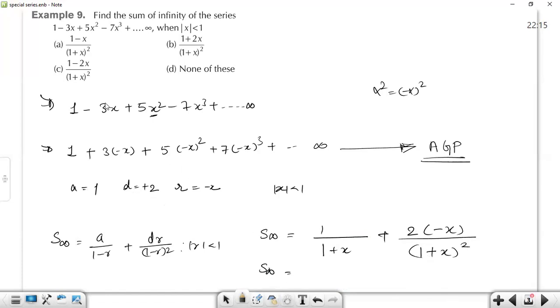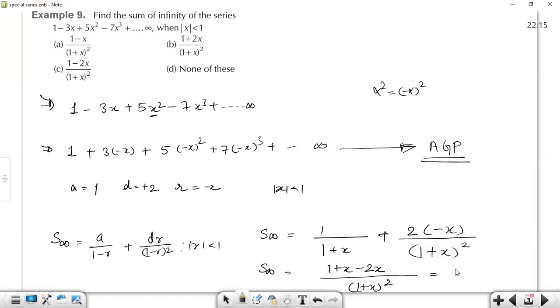Now solving it further. Let's have a look at the options so that we know in which form we have to represent the last line. We have to take the denominator as (1 plus x) square. Here also our LCM will be (1 plus x) square only. Now this becomes 1 plus x, and this becomes minus of 2x.